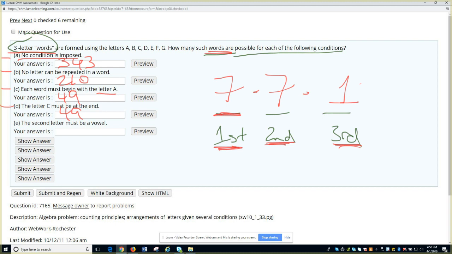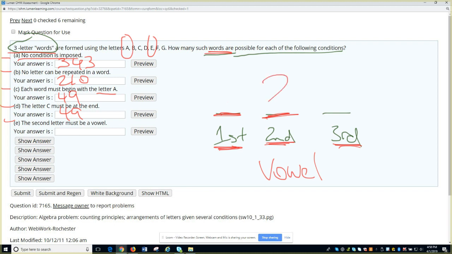And then the last one, the restriction is that the second letter has to be a vowel. Well, how many vowels do I have? A is a vowel and E is a vowel. So I have 2 vowels.